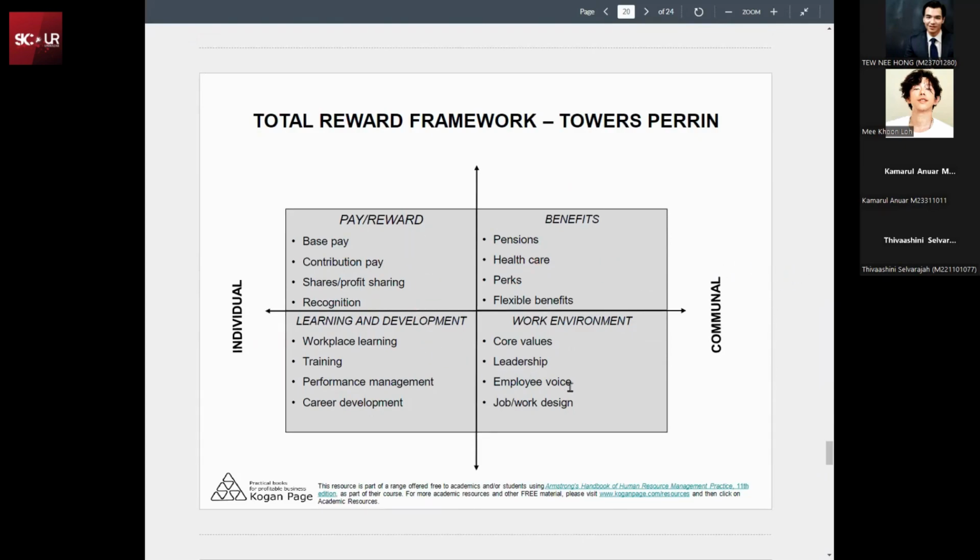If you want to get engagement from the group, from the whole organization, you must focus on the right side. On this side, you choose using pension, give pension, healthcare, perks, you use flexibility benefit, leadership, give the employee voice, the environment, the involvement, the job design. So if you focus on these, we are more focusing on developing teamwork.